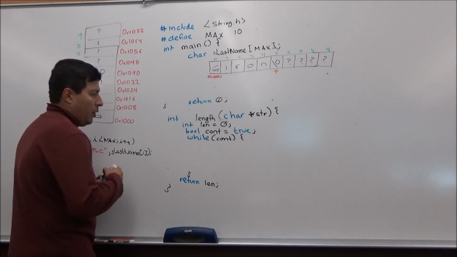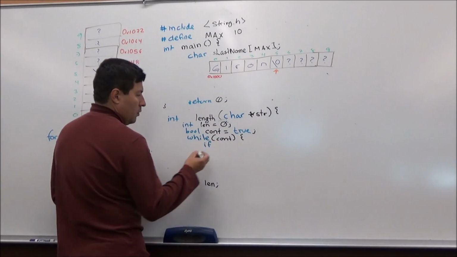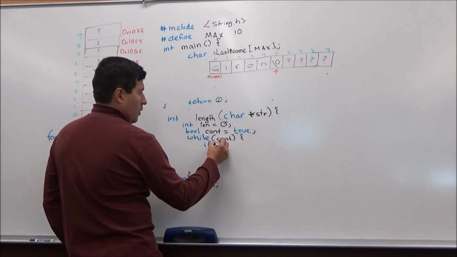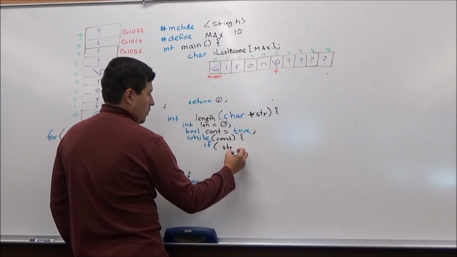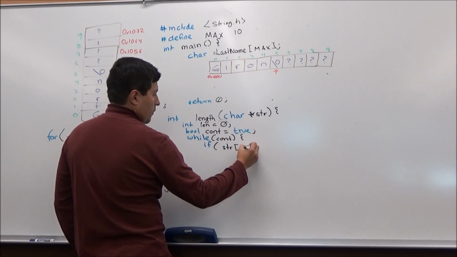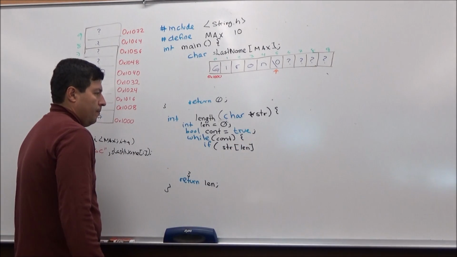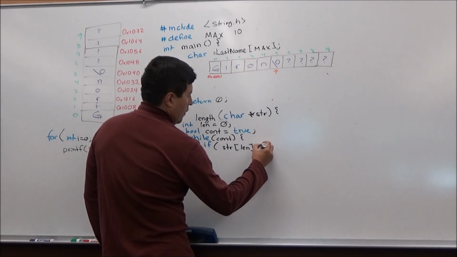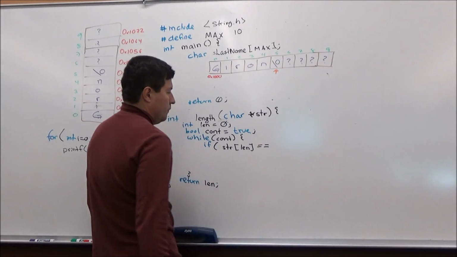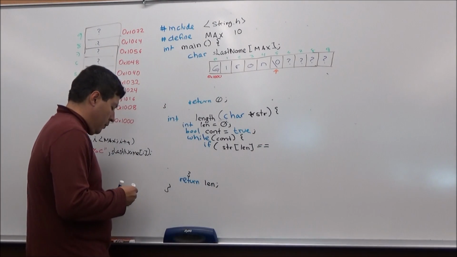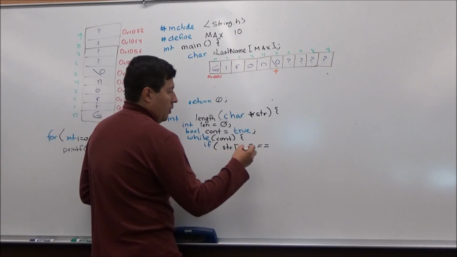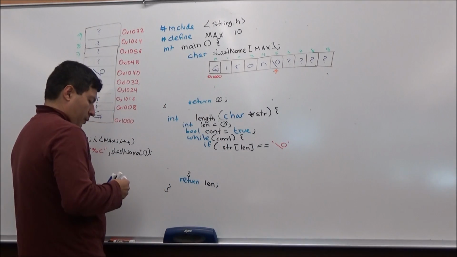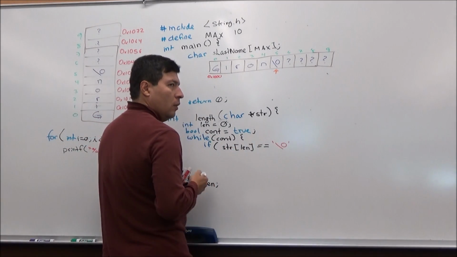I don't know. Maybe I put an if statement. I'll say if the current position, which is length 0, right? If the string is equal to the null character. Well, when it's a character, we use single quotes, right? So that's what it is, or we can write the word null.